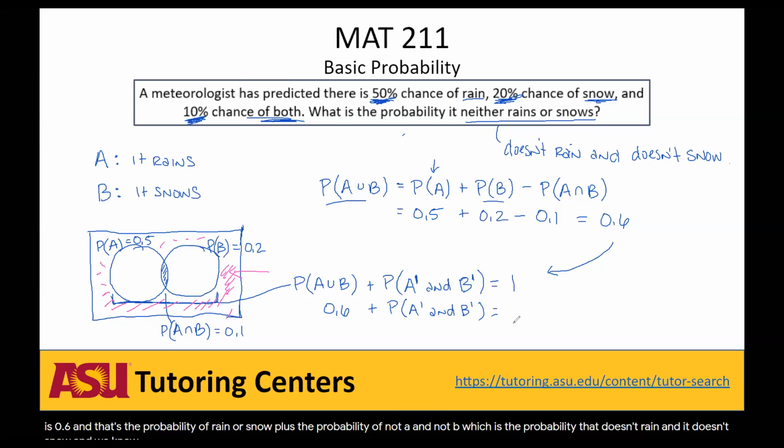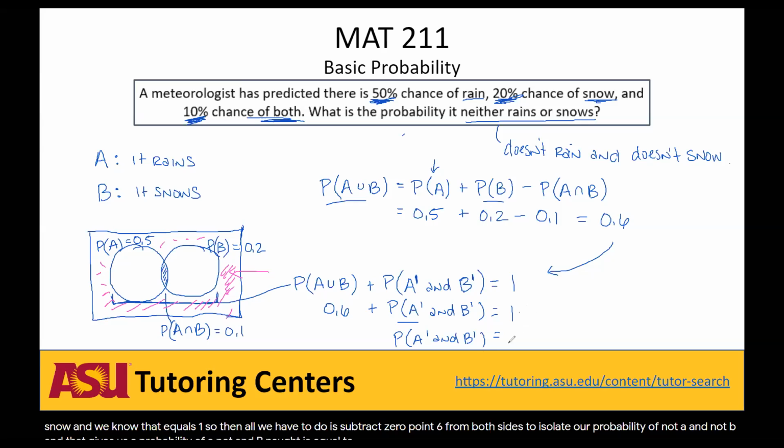And we know that equals 1. So then all we have to do is subtract 0.6 from both sides to isolate our probability of not A and not B. And that gives us the probability of not A and not B is equal to 1 minus 0.6, which is 0.4.